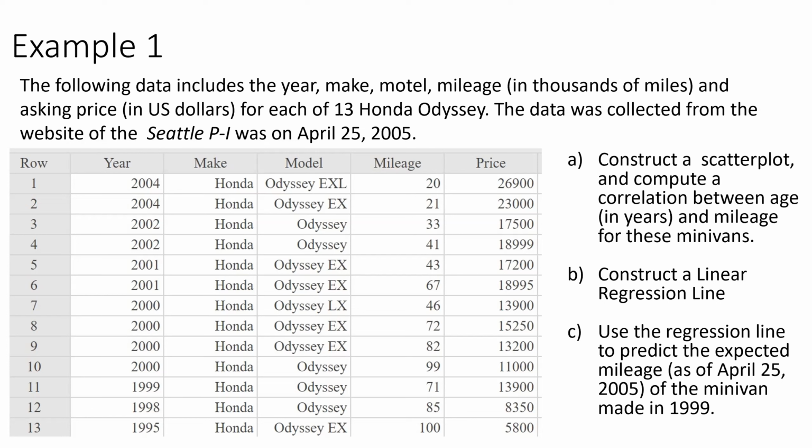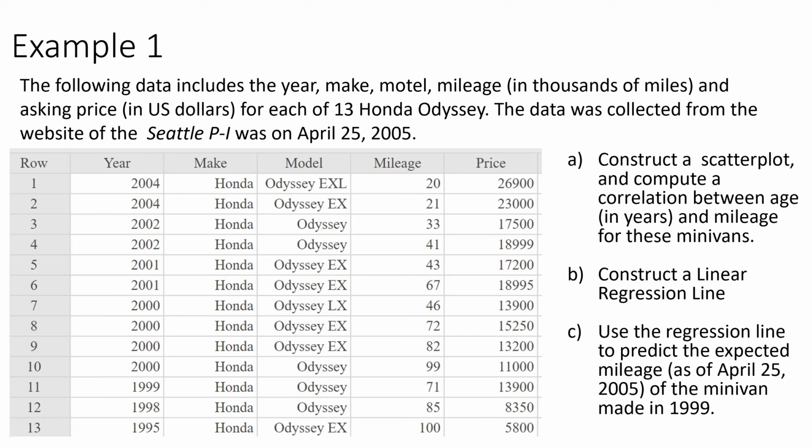And let's decide which one is going to be our X variable and which one is going to be our Y variable. Well, of course, X is the independent variable and Y is the dependent variable. And common sense tells us that mileage is dependent on age, and not the other way around. So age is going to be our X value and the mileage is going to be our Y value. Question B says construct a linear regression line.